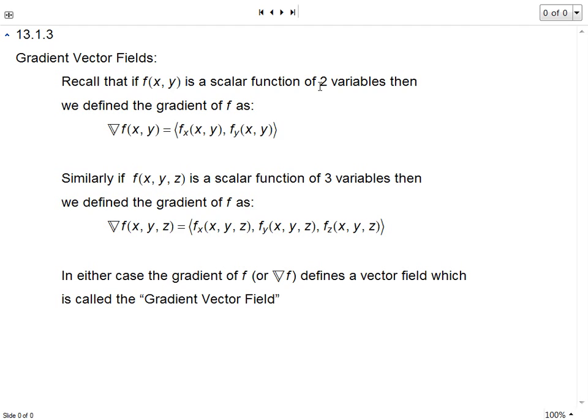So if we take a scalar function and we take its gradient, in either 2 or 3-dimensional space, then we call that the gradient vector field. It's the vector field generated by taking the gradient of the function.